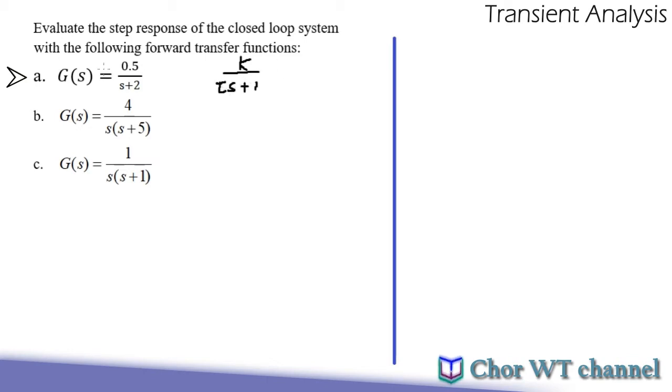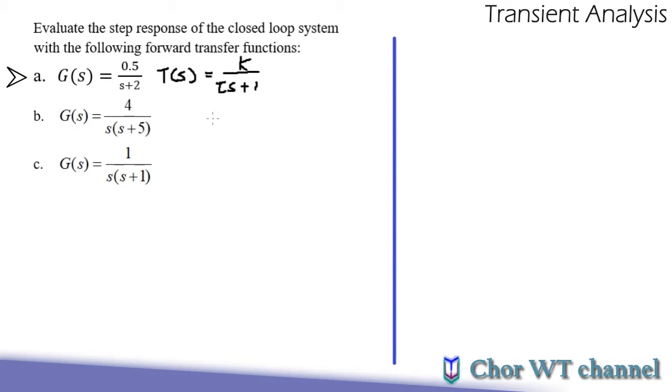But we are not going to use the forward transfer function, but rather the closed loop transfer function, Ts equals k over tau s plus 1, where k can be any arbitrary number, while tau will be the time constant of the system that is critically related to the settling time and also the rise time of the system. If the system is without any zero, then the first order system will not exhibit any overshoot. So let's work out this Ts.